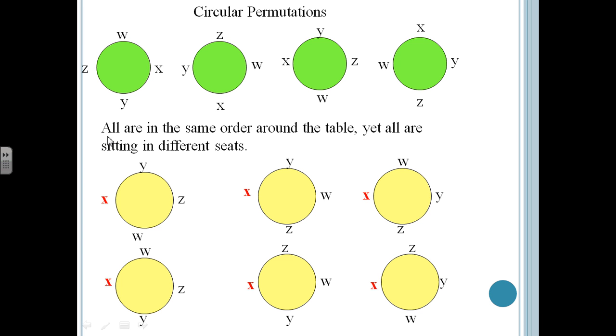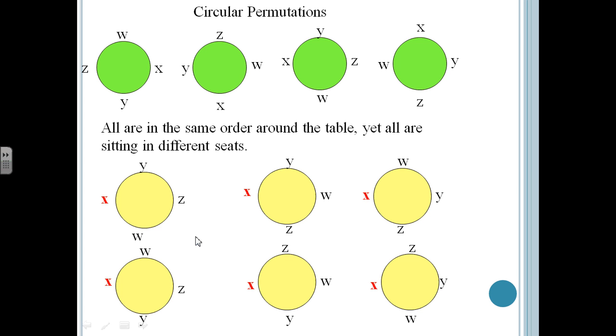So for example, over here we have X in this position, and then Y, Z, and W. And so in the next, we'll go down here, in this permutation, what happened was Z stayed where it was, and that's fine, but Y and W switched places. Over here, Y stayed where they were, and the Z and the W switch places.